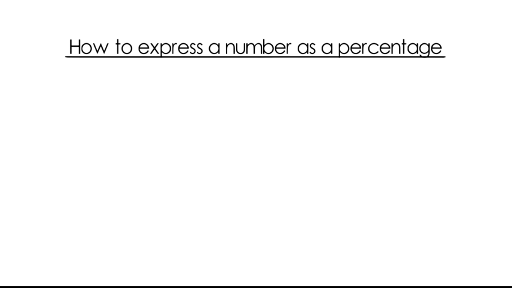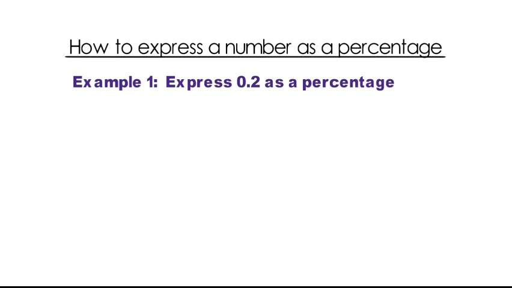Next, we will discuss how to express a number as a percentage. Example 1. Express 0.2 as a percentage. In this question, we are asked to express 0.2 as a percentage.